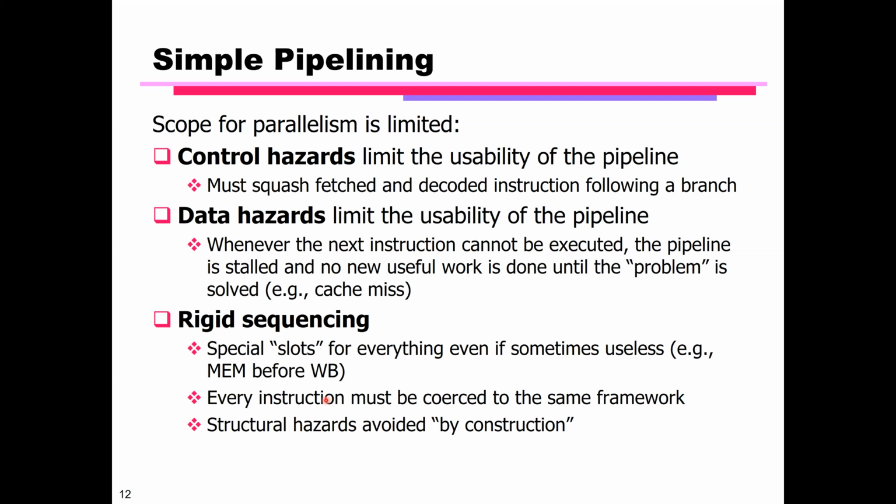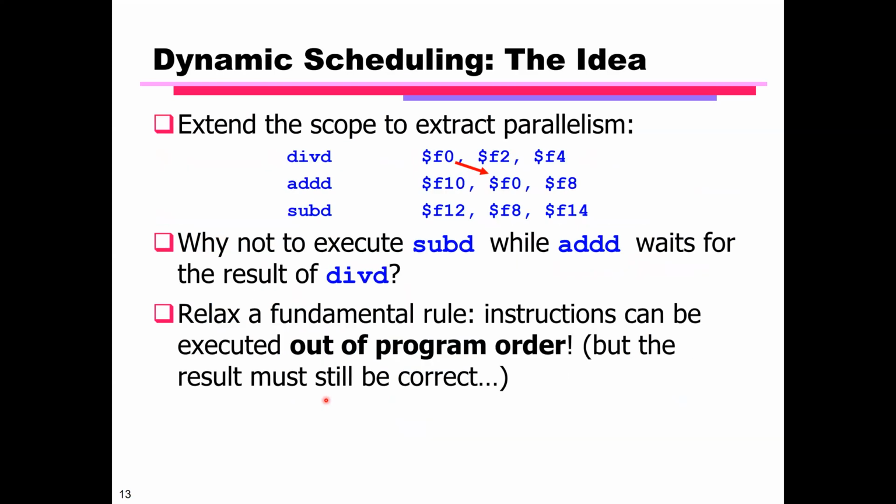So this rigid sequencing didn't look to be too much of a problem in the simple example that we looked at, but in the global picture, the fact of coercing every possible instruction in the same framework, of having this simple RISC instruction set, is a big constraint that may be difficult to handle in the most general case.